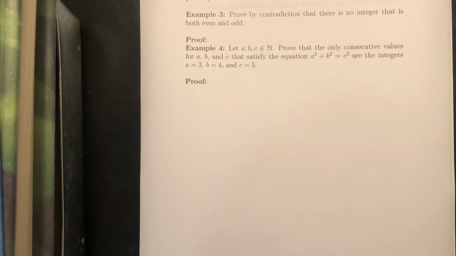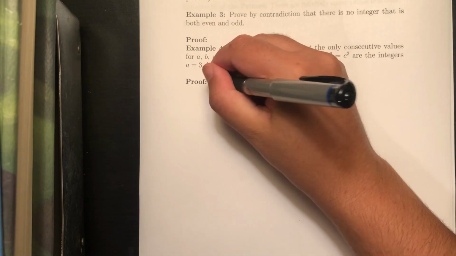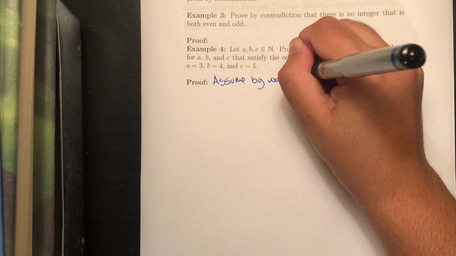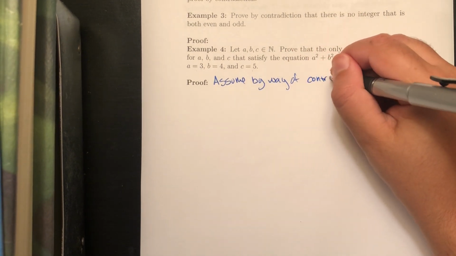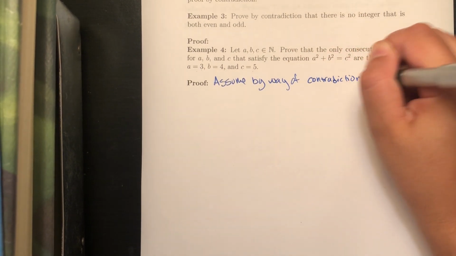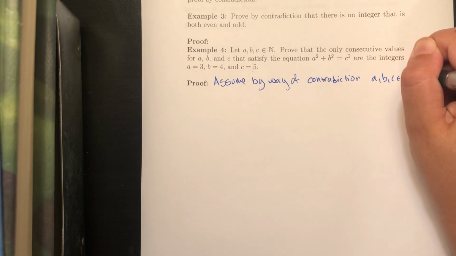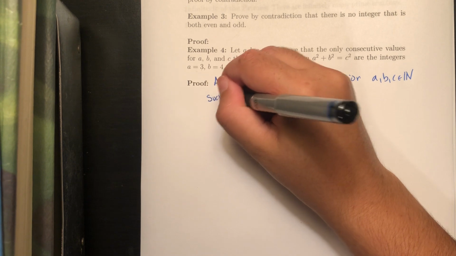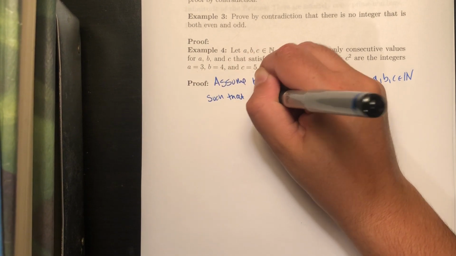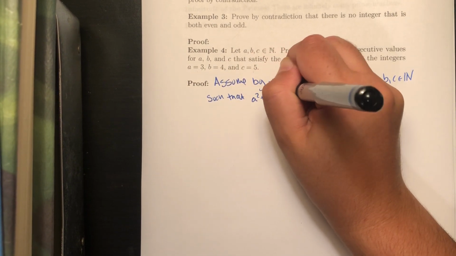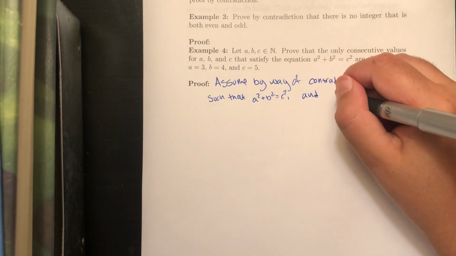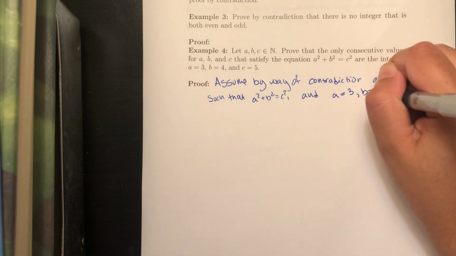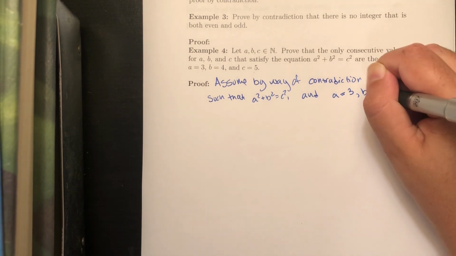All right, so let's assume by way of contradiction that we have a, b, and c natural numbers such that a squared plus b squared equals c squared, and it is not the case that a equals 3, b equals 4, c equals 5.